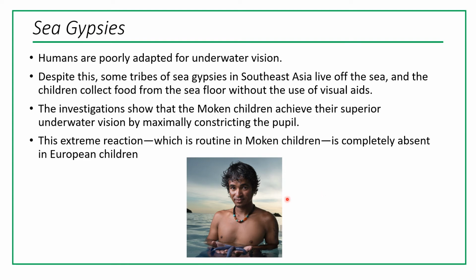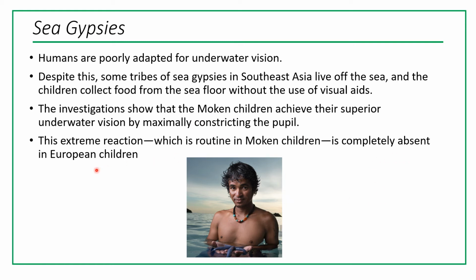That's very interesting. So that's an adaptation that they have, because their well-being, their life depends on this ability to see clearly underwater, right? It gives them food, it gives them money, it gives them the opportunity to get married and have kids, because now they have food, they have money, they can afford more kids, and they pass those genes that allow them to constrict the pupil to their kids.